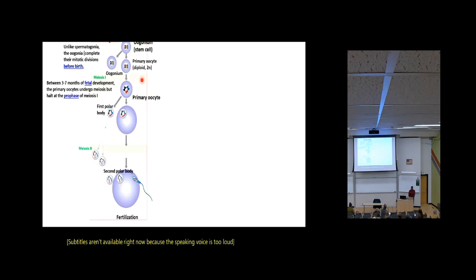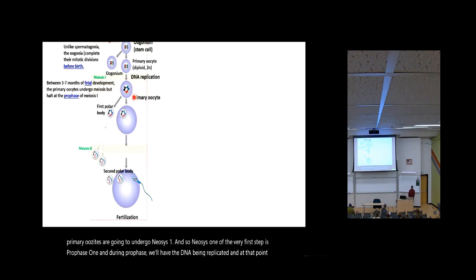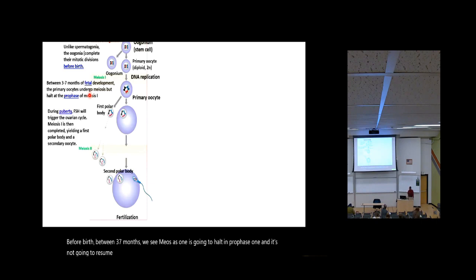And so in meiosis 1, the very first step is prophase 1, and during prophase we'll have the DNA being replicated, and at that point meiosis 1 will halt, right? Before birth, between the 3rd to 7th month, meiosis 1 is going to halt in prophase 1, and it's not going to resume until puberty.